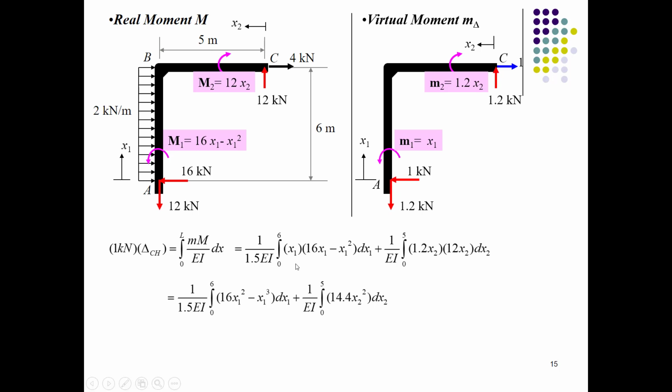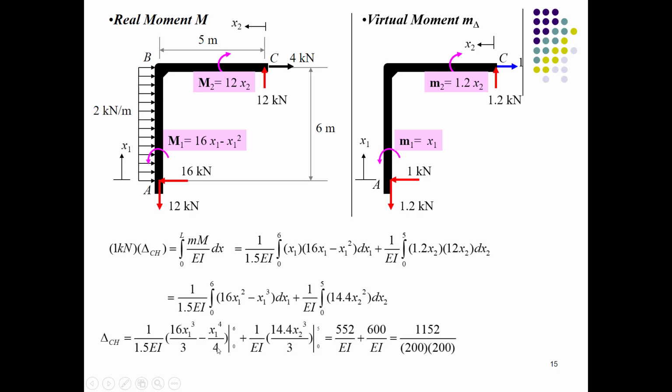The values of the integrated part: you separate the stiffnesses, integrate with respect to your variable, which is length, and apply the limits 0 to 6 and 0 to 5. You have a deflection of around 28.8 millimeters at point C.